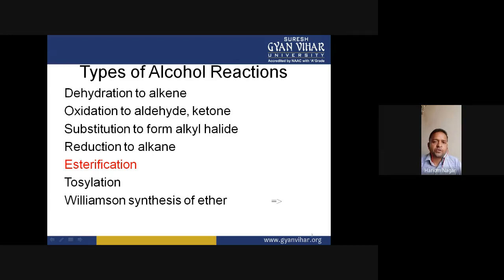When you reduce alcohol, alkane is formed, because alcohols are actually hydroxy derivatives of alkane. If we remove the OH group from the alcohol, the remaining part will be alkane. So alkane can be formed easily by the reduction of alcohol.